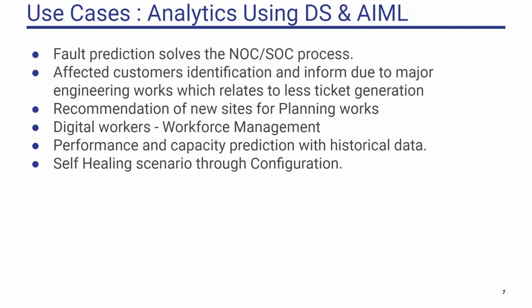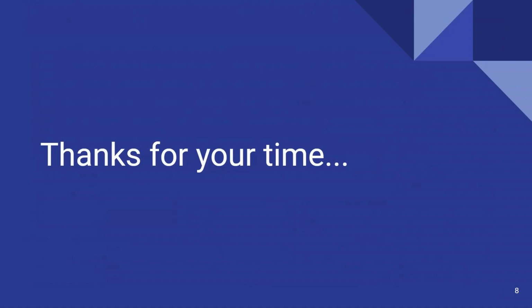So that is where things come into play. Then we have performance and capacity prediction with historical data. We have already gone through this particular use case as a part of some other use case. And then self-healing scenario through configurations. So you have certain self-healing where we have SDN and NFV, where the router capacity is going to be full, your CPU is going to be full, and you need another router for parallel processing.